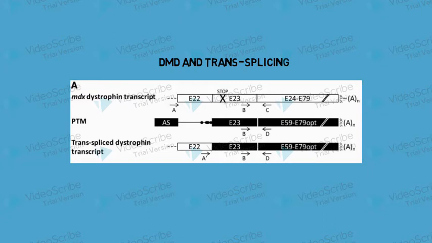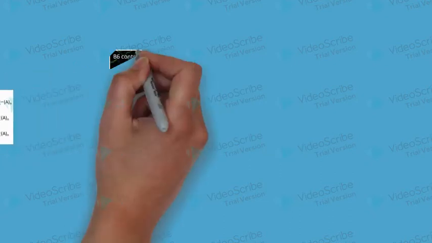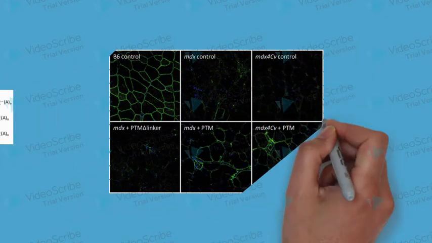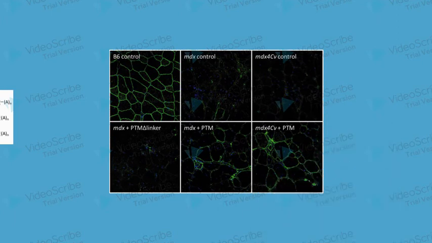This is then visualized in the next figure, in which they stained for functional dystrophin in their mice treated with this PTM. The top three figures of this figure show the controls. The first being a mouse with normal dystrophin function. The second with MDX, so should have little to no expression of functional dystrophin.